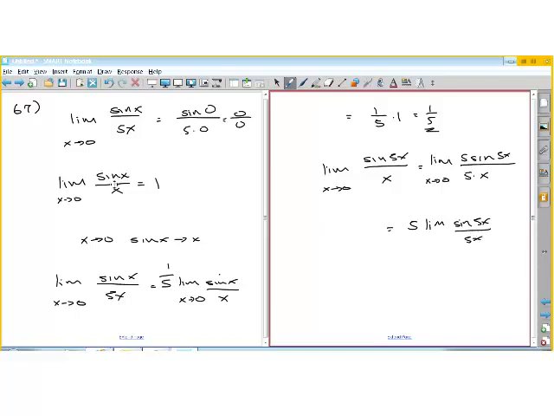So this is the basic form of it, but I could have the sine of 1,000,000x divided by 1,000,000x, and that would be 1. So as long as these two quantities, this value and this value, are the same, then this is true. So in this case, it would be equal to 5 times 1, which is equal to 5. That's it.